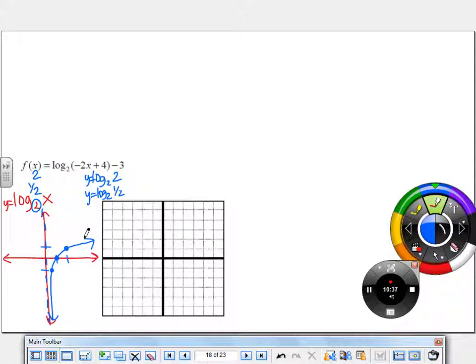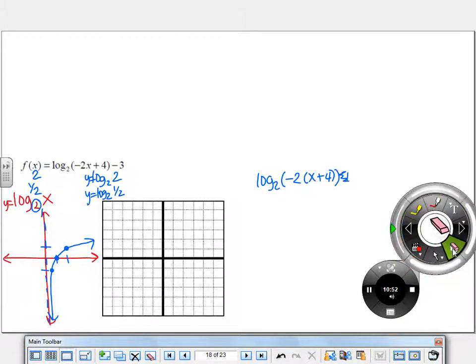Now notice in this graph, there's only one vertical change, the -3. Most of the stuff is happening horizontally. And I'm going to factor out the -2 that was in the parentheses.